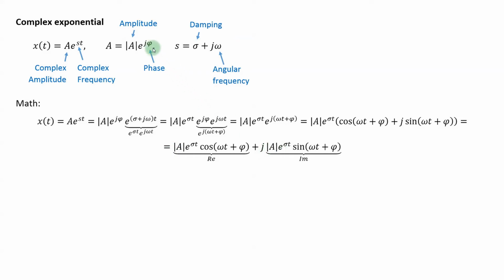And last, this phase will determine the phase of this cosine and sine. So the complex exponential hides cosine and sine in its real and imaginary part, and the complex amplitude and the complex frequency determine the parameters of this cosine and sine.